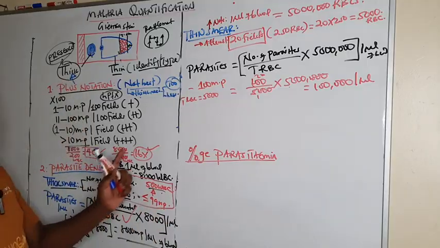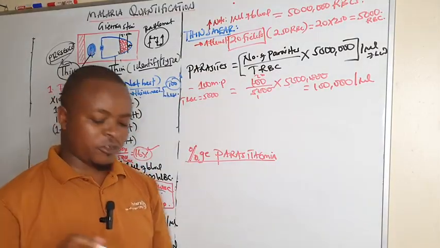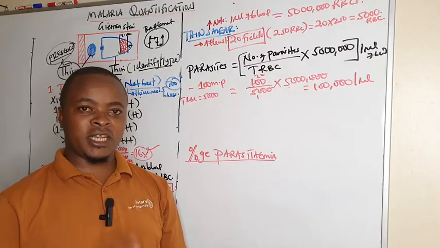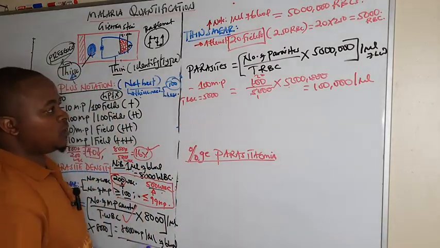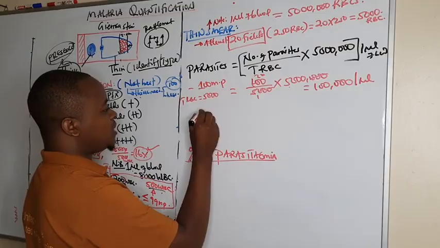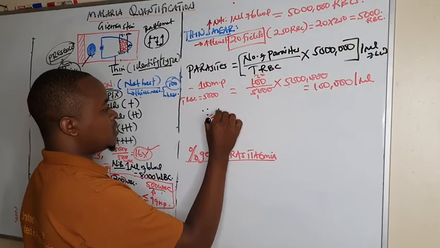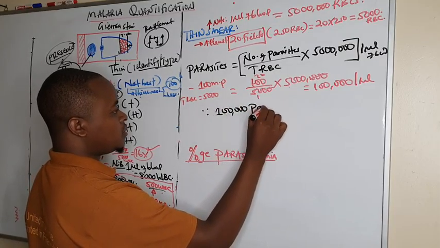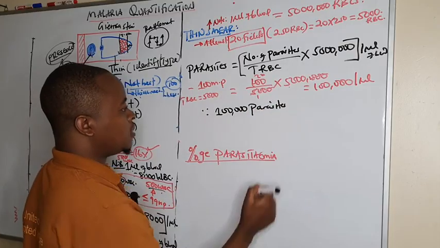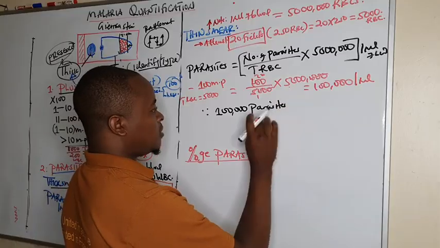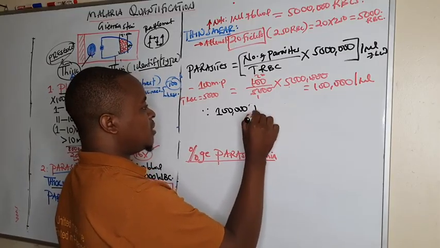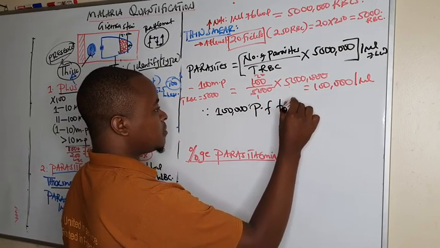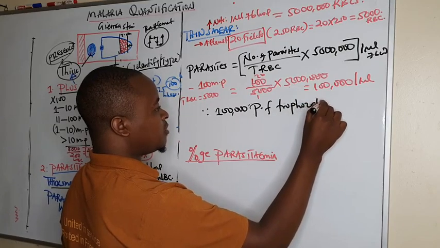But remember, it is a thin film. And we said under thin film, you have to type the species and the stage. And we said gametocytes are reported separately. So what we do, on the number of parasites, we shall report that it is 100,000 Plasmodium falciparum trophozoites per microliter of blood, assuming it was P. falciparum.